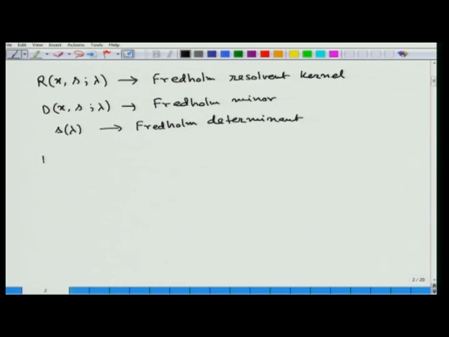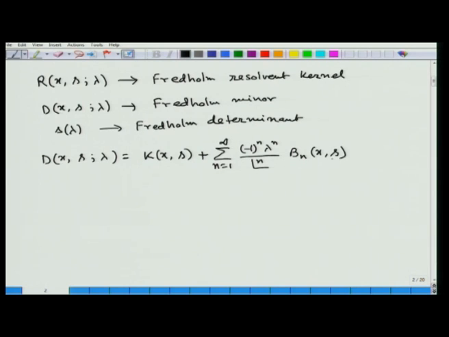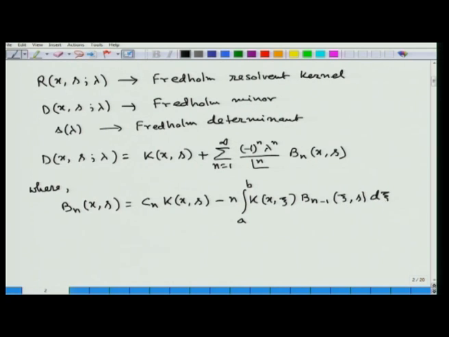This Fredholm minor D(x, s; lambda) is defined by K(x, s) plus sigma n running from 1 to infinity, (minus 1) to the power n, lambda to the power n divided by factorial n, B_n(x, s), where each B_n(x, s) can be evaluated using this formula: B_n(x, s) is equal to C_n K(x, s) minus n integral a to b K(x, xi) B_{n-1}(xi, s) d xi.